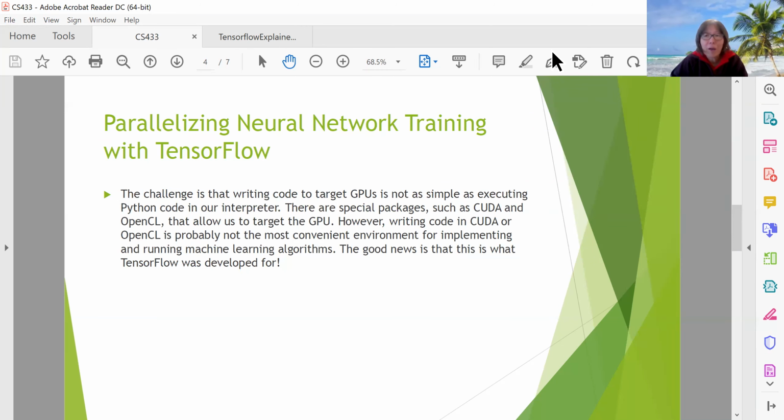Here they also give us some background on the challenges of writing code that targets the GPU.